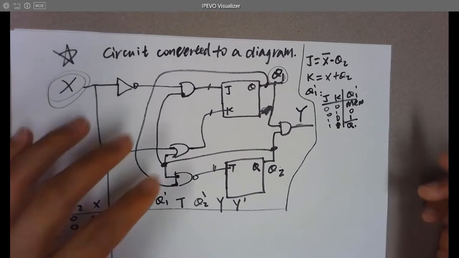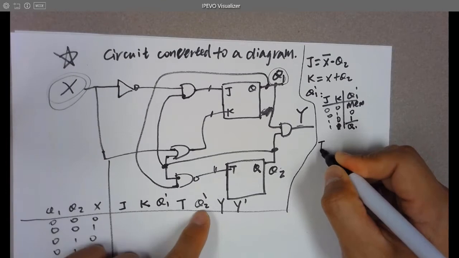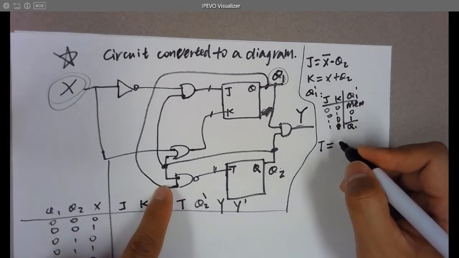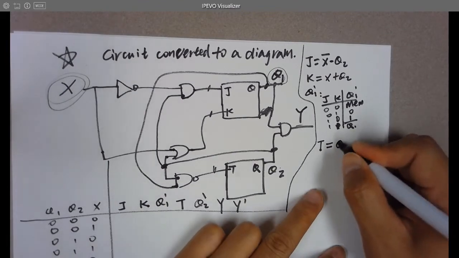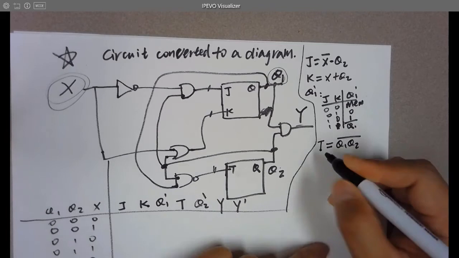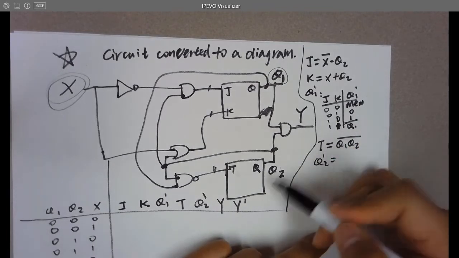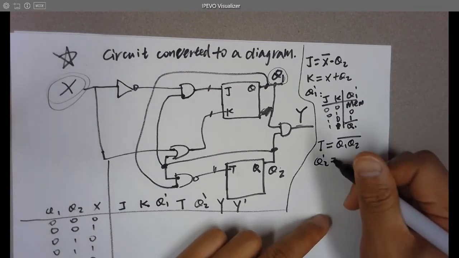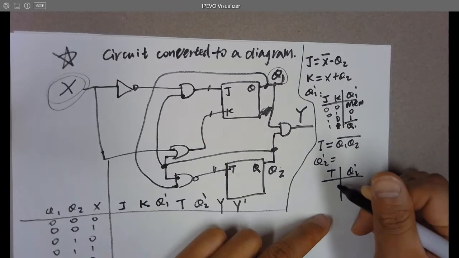And what about T? So T is Q1 NAND Q2. So what is Q2 prime? For Q2 prime, you need a little truth table here, right?